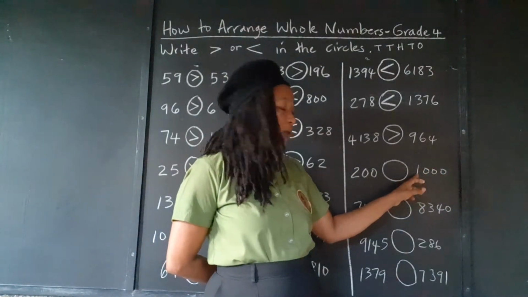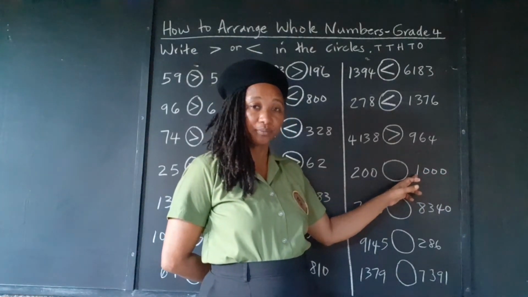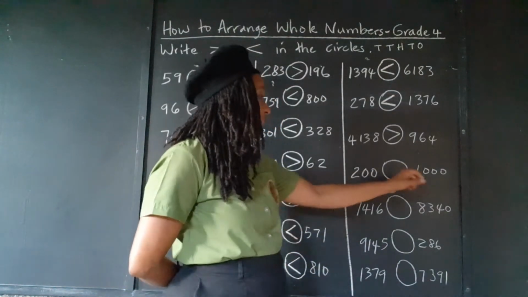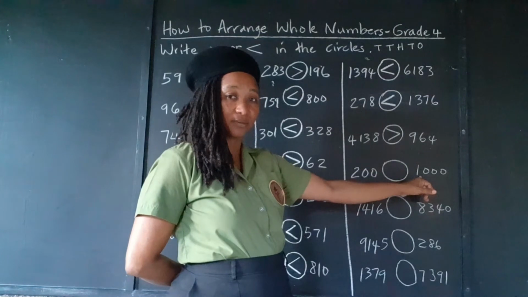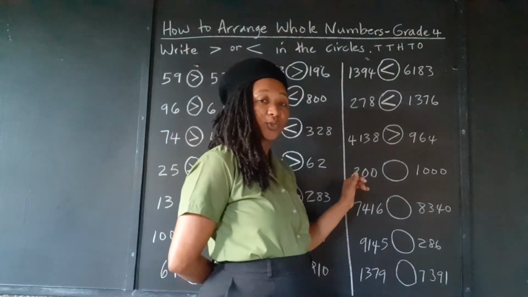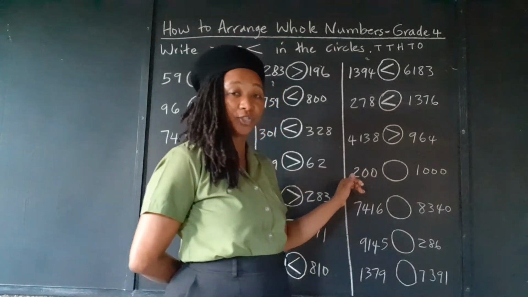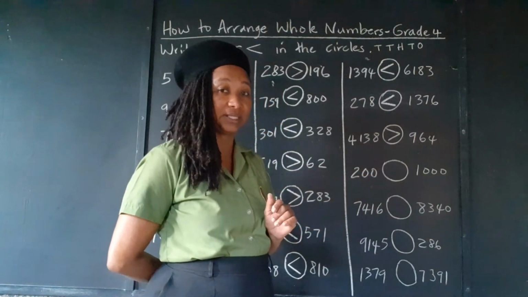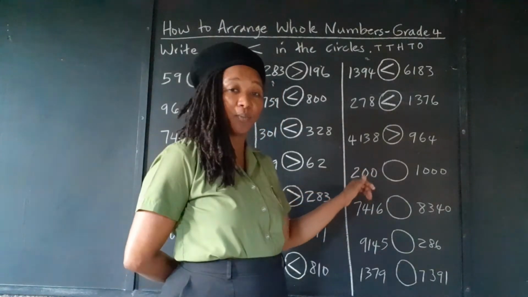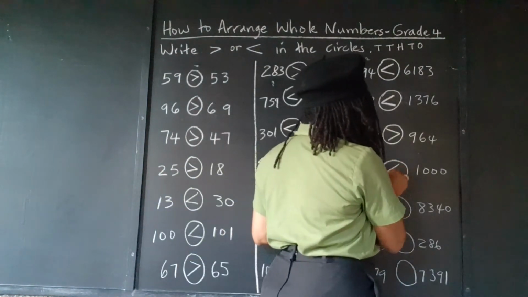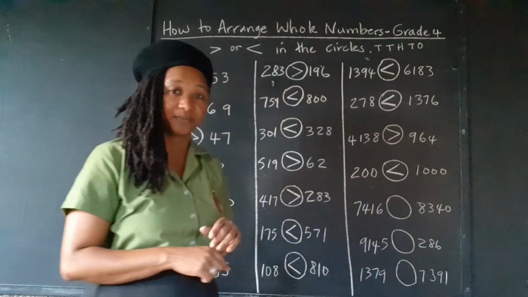Even though it has a 1 here, it's 1,000. This has a 2, but it's 200. It only has 3 digits: ones, tens, hundreds. So this is actually the smaller number. 200 is less than 1,000.